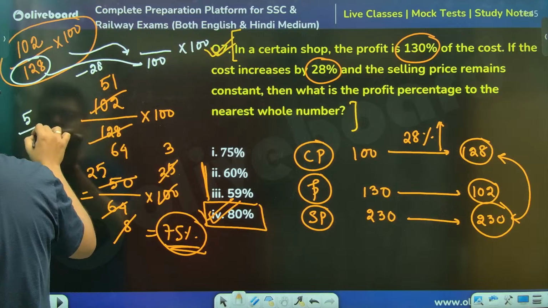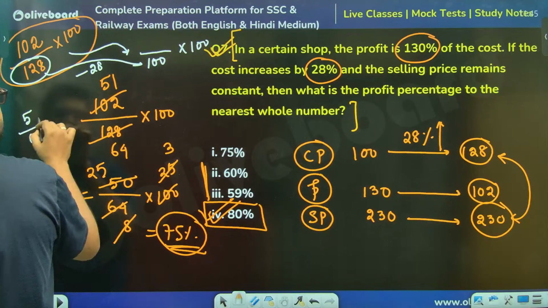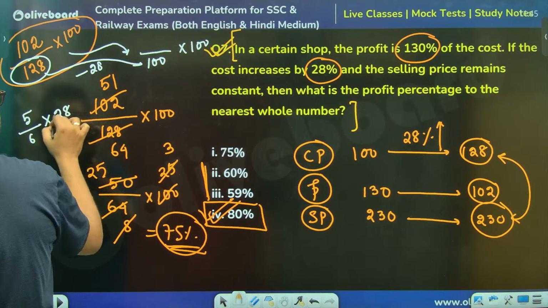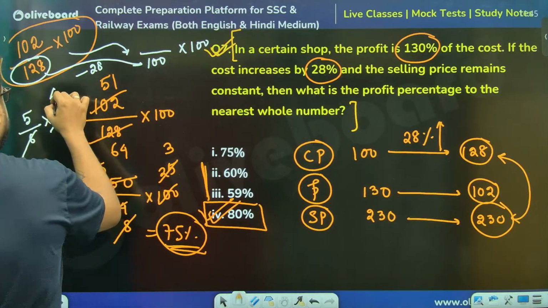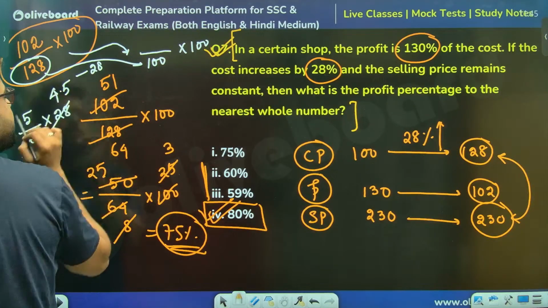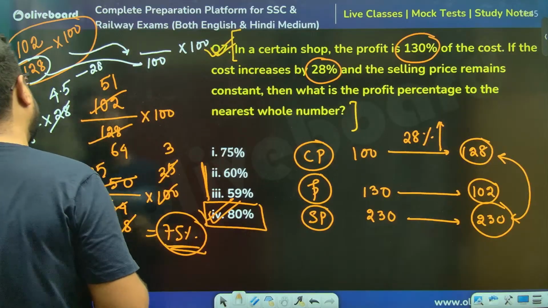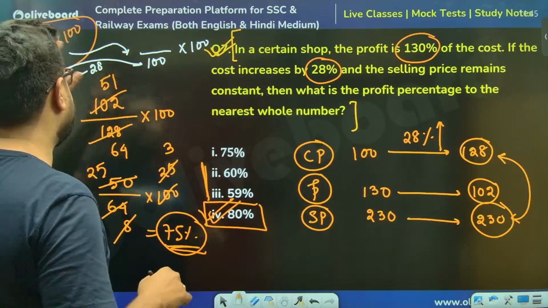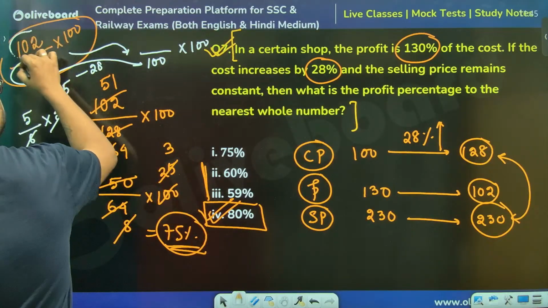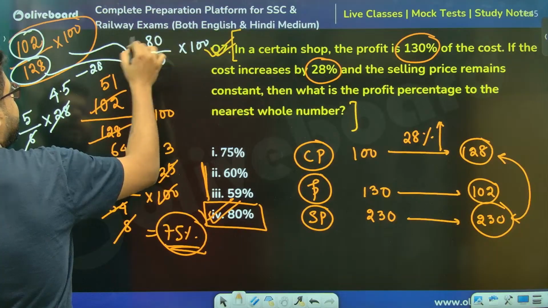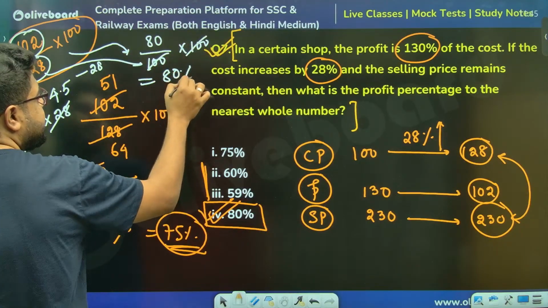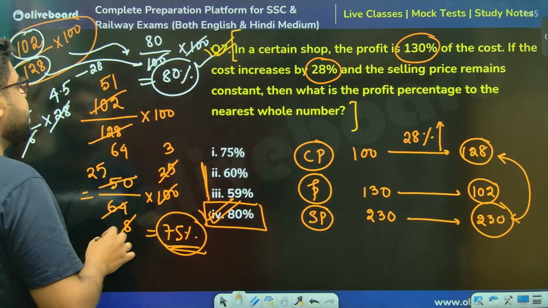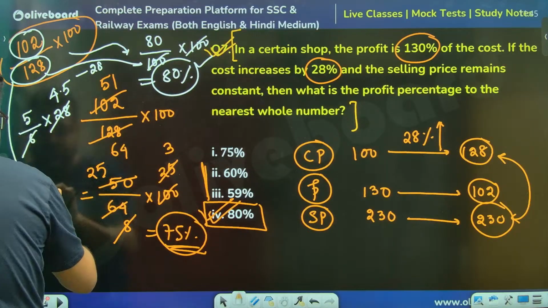This is 5 by 6 into 28. 6 से करोगे तो 4.5 almost. So 20 and 100, like 22 you reduce. So it will become 80. You see, you are getting the answer as 80%. So this is the interpolation technique that I had shown you.